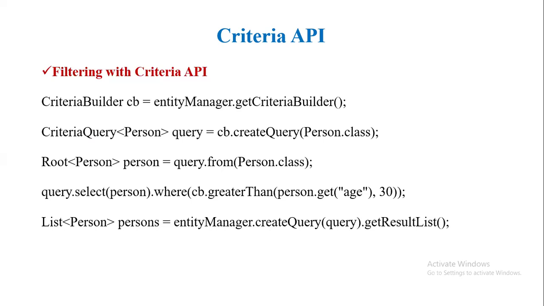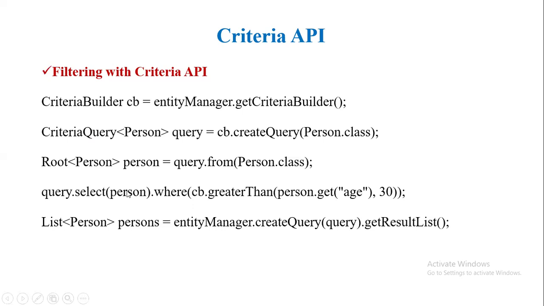And the second line, CriteriaQuery<Person> personQuery equal to cb.createQuery(Person.class), which helps you create a type-safe query that will return Person entities. And the third line, Root<Person> person equal to query.from(Person.class), which defines the root entity for the query.